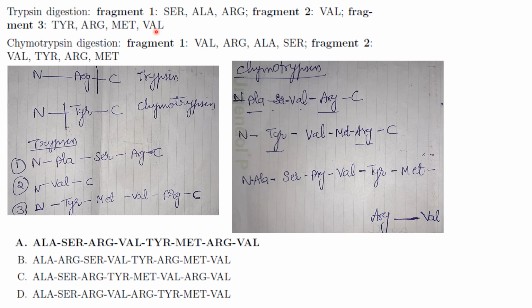From here you can tell that tyrosine will be the beginning, because chymotrypsin cleaves at the N terminal of the tyrosine residue. So it is cleaving here. So tyrosine will come in the beginning in this sequence, followed by arginine, methionine and valine.